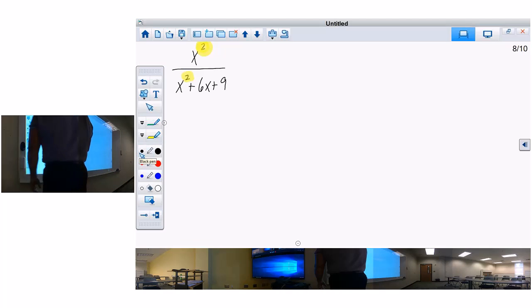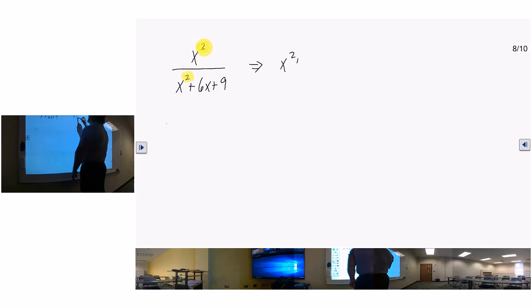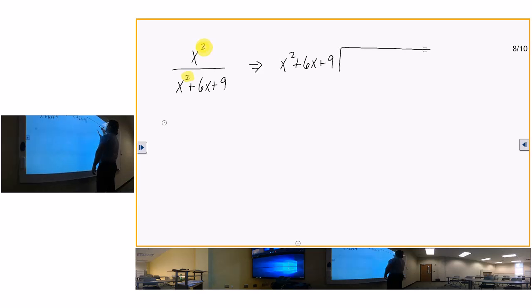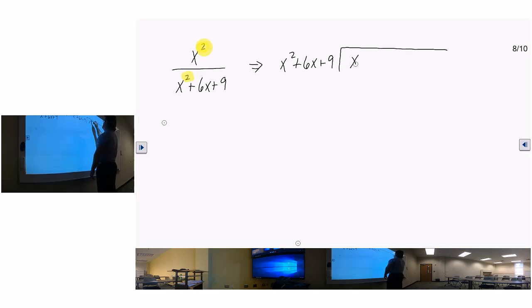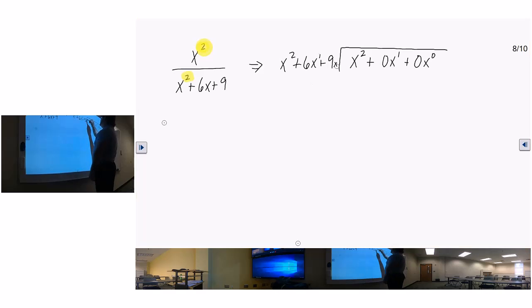So here we go. X squared plus 6x plus 9 divided into x squared, and you got to put zeros wherever there isn't anything, plus 0x to the first plus 0x to the 0. Because this is x to the first and this is x to the 0.